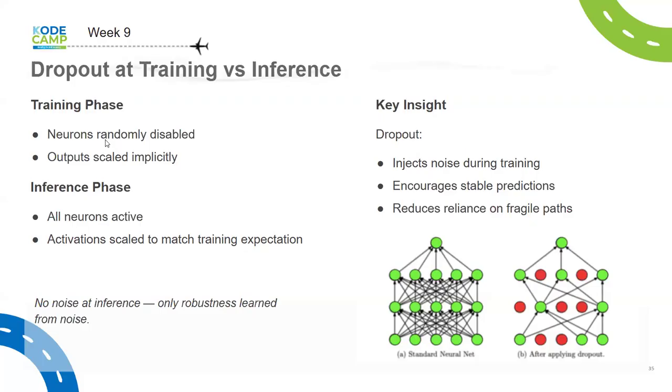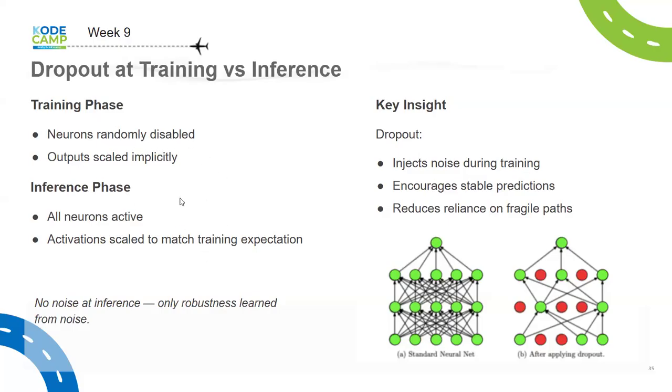So the neurons are randomly disabled. The outputs have to be scaled because the gradients will differ. Remember, gradient has to do with the number of parameters. So when you switch off some neurons, the number of parameters actually reduces. But outputs are scaled implicitly.